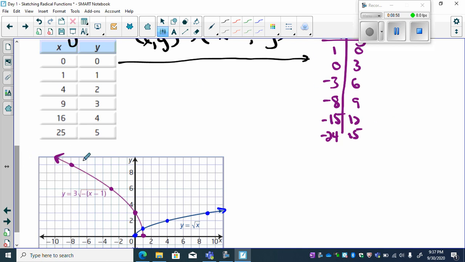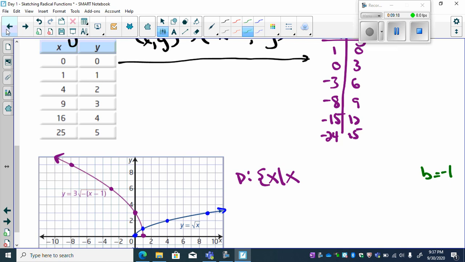Now, let's talk about the domain and range of the purple. The domain is always x, such that x is greater than or equal to h, or less than or equal to h, depending on what my b value is. Well, let's just write that over here. What is the b value? b was -1.